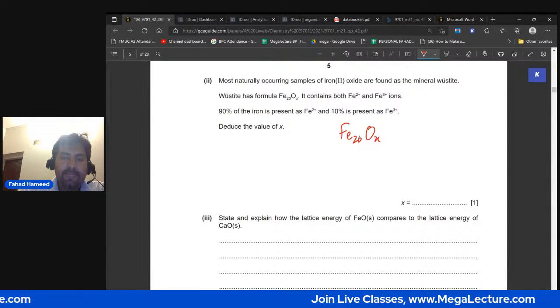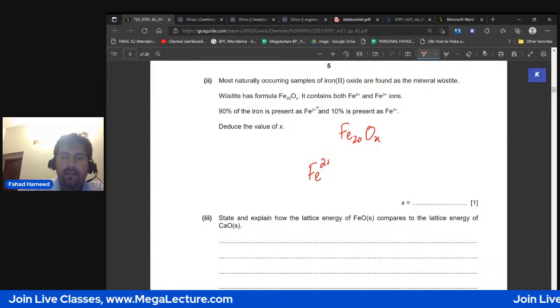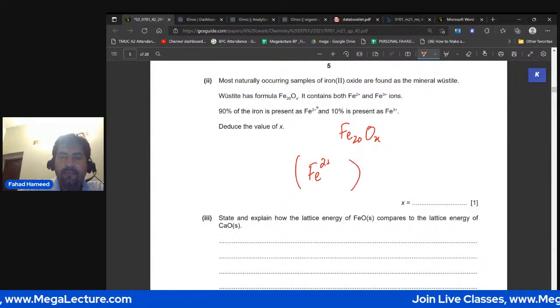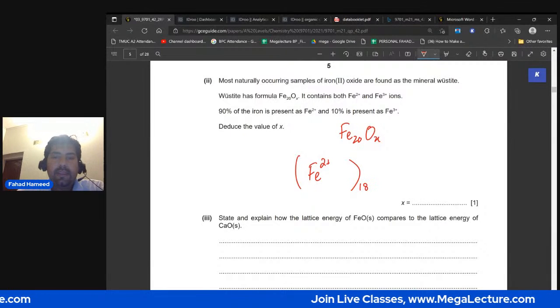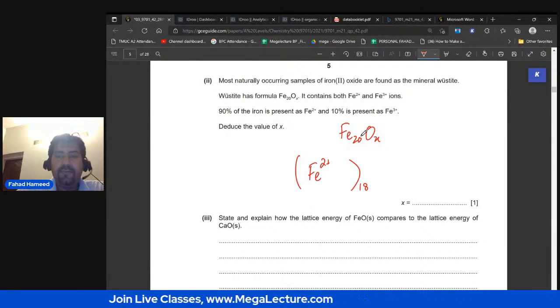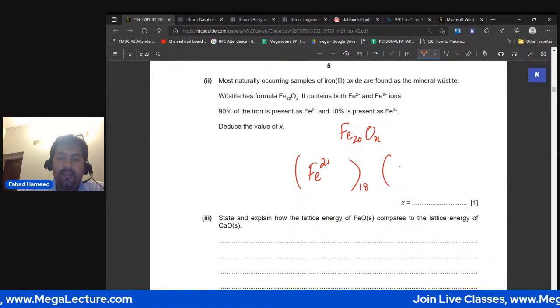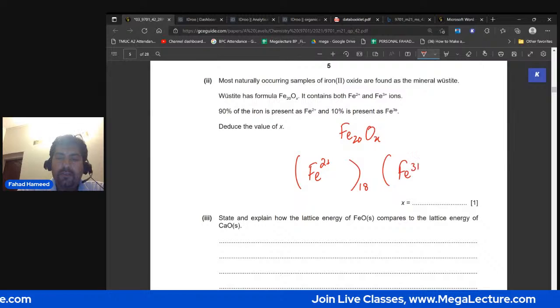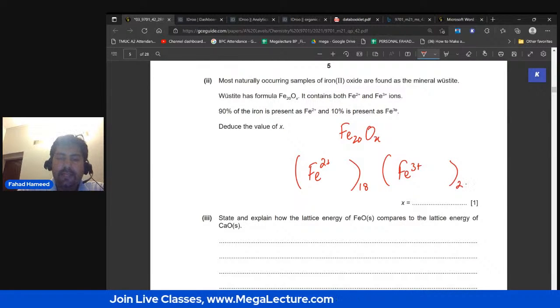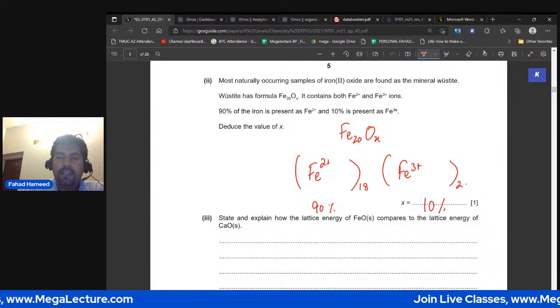So that means I've got 18 irons in the form of Fe2+. And the rest, the 10%, what's 10%? That's two. You're left with two. Two of the irons in this formula are Fe3+. So that's your 90%, and that's your 10%.